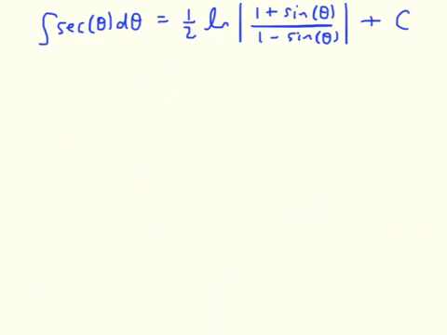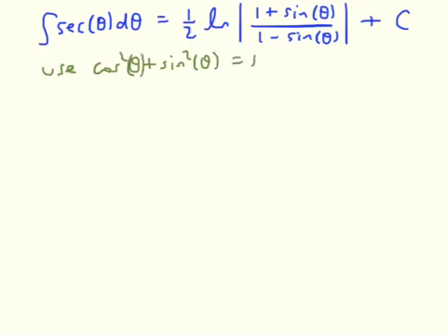So on the previous slide we showed that the integral we're trying to calculate, the integral of the secant function, can be written as a half the logarithm of the modulus of 1 plus sine theta over 1 minus sine theta. And what I now want to do is to simplify that, and to do it we're going to again use our relationship that cos squared theta plus sine squared theta is equal to 1.